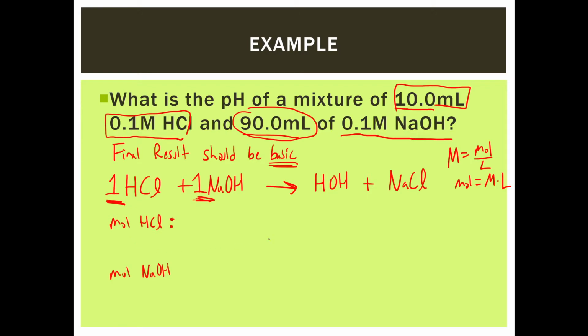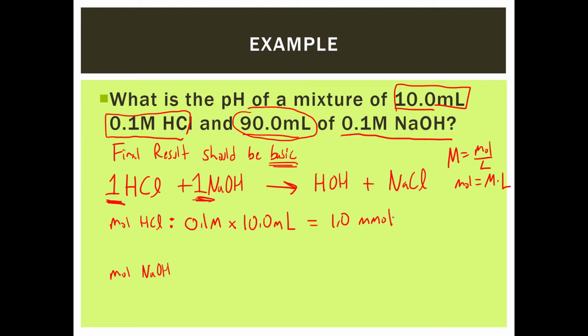All right. So here I will do the following then. So the moles of HCl will be its molarity, 0.1 molar, times its volume. I'm going to leave it in milliliters. Okay, and this will give me an answer of 1.0, and this will be in a unit of millimoles.